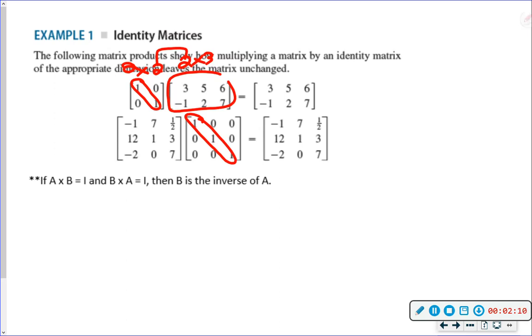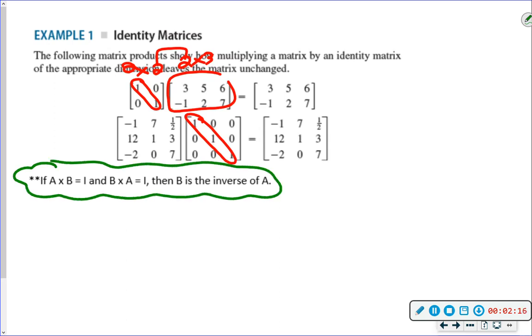Now here's what we're really going to be doing today. This is the key little note. If A times B equals the identity, diagonal 1s, 0s above and below, and B times A gives you the identity, you also know that they are inverses of each other. So one of the things we're going to do, they're going to give you 2 matrices, and we're going to prove or verify that they're inverses of each other.